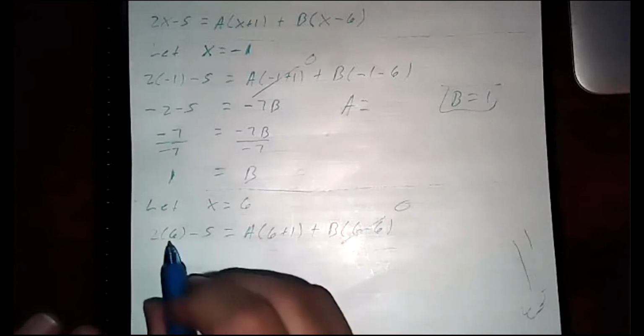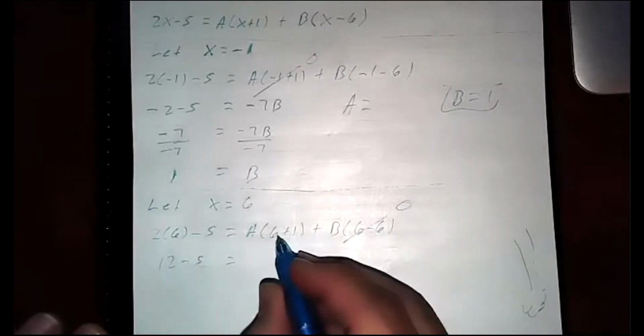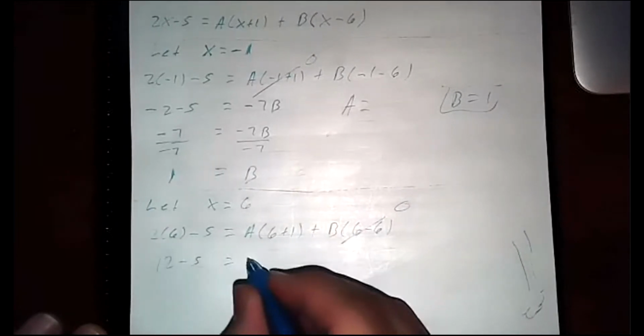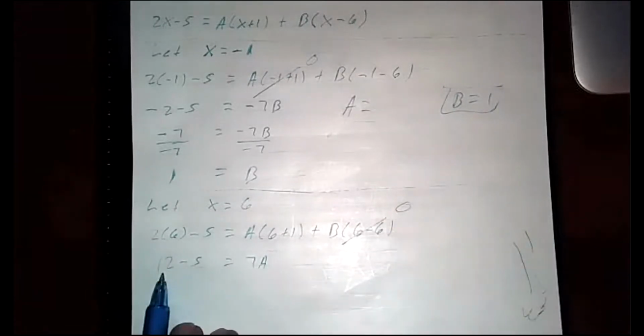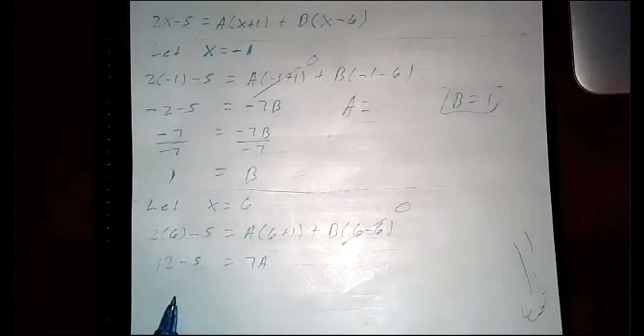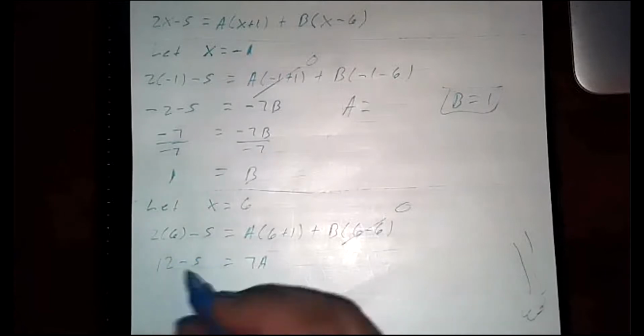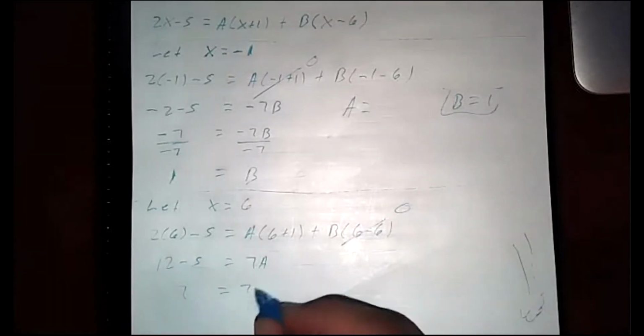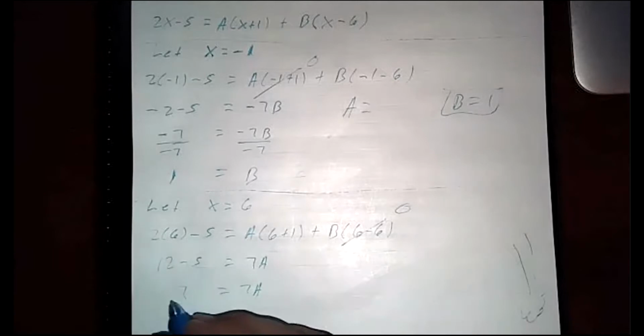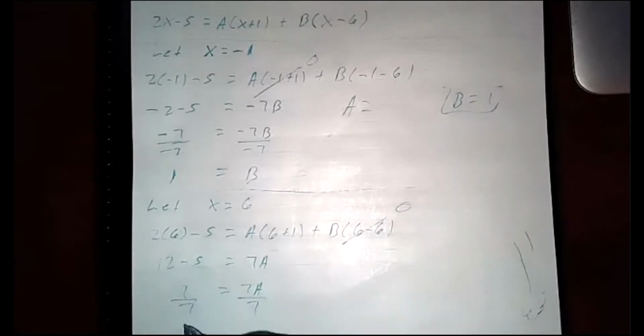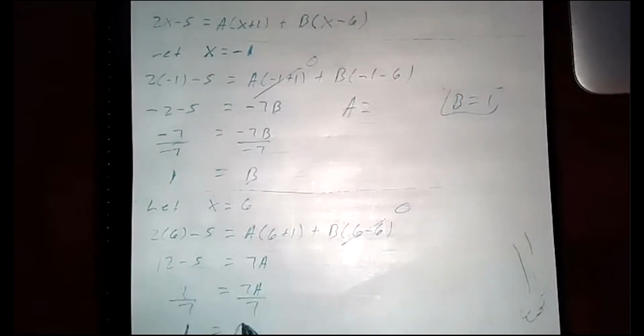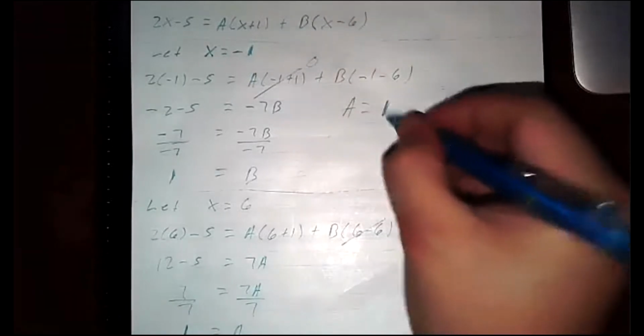Okay, so this would be 12 minus 5. This will be 6 plus 1 is 7 times A. And this is gone. So 12 minus 5 is going to be what? 7, 7, right? So what is A? 1. Yeah, they actually both turn out to be 1. So 1.